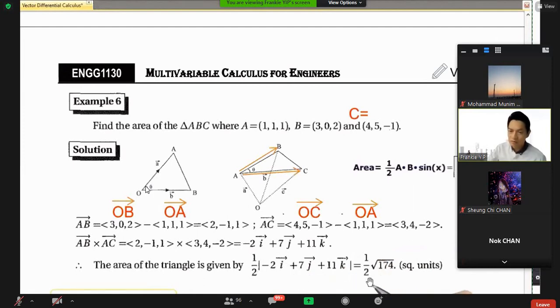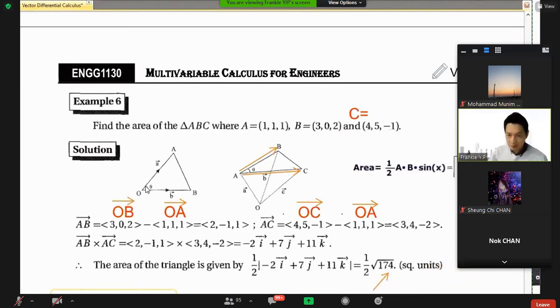So the result is like this. Got it? How can I form 174? Okay, I think it's very easy. 174 equals this one, -2 squared, plus this one, positive 7 squared, plus the final one, 11 squared.